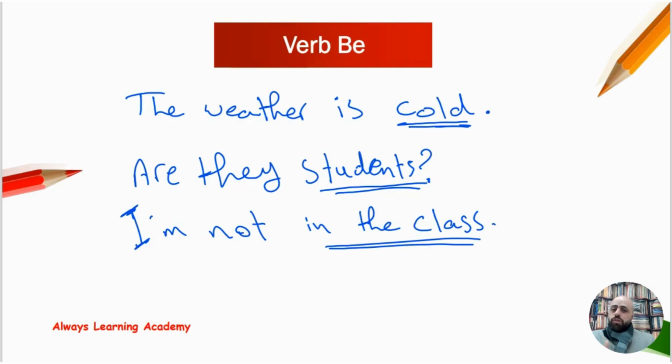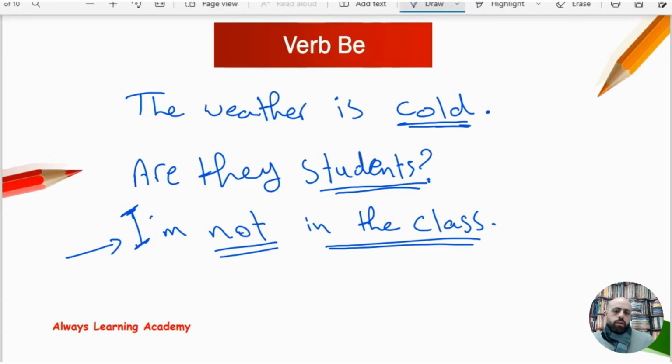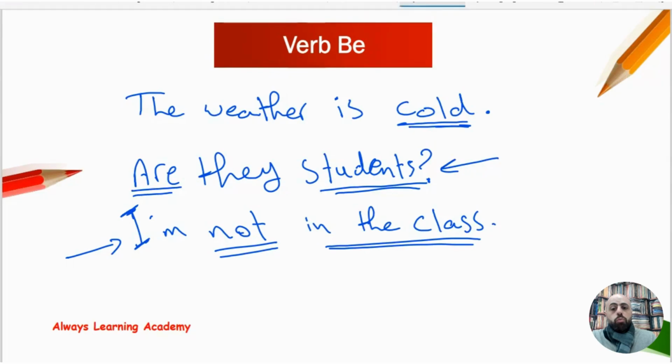What we have to pay attention to actually is when we have these cases, we don't need the do or does in simple present to make negative. Notice that here we made negative only simply by adding not. And we create a question just simply by flipping the subject and verb be.